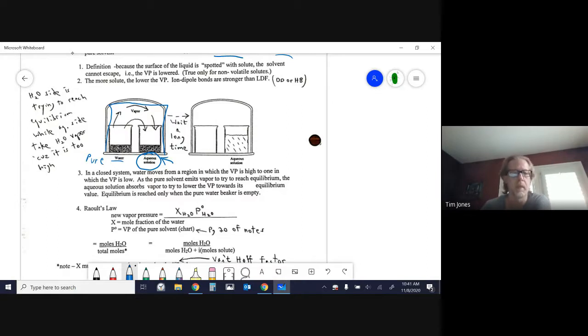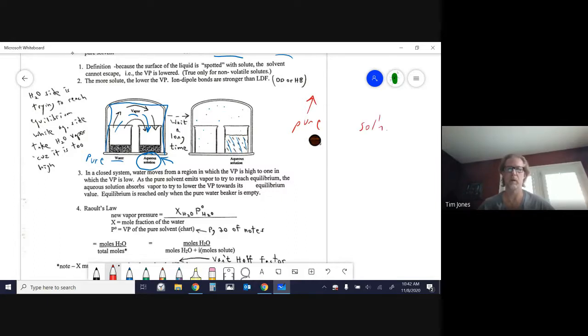Over time, the pure water will make its way over here through the vapor phase, and eventually, other than a few water vapor particles bouncing around like this, all the water would slowly make its way and end up over here, and you would actually see the volume of your solution increase. And the reason this is happening is because the vapor pressure of the pure water is higher than the vapor pressure of the solution.